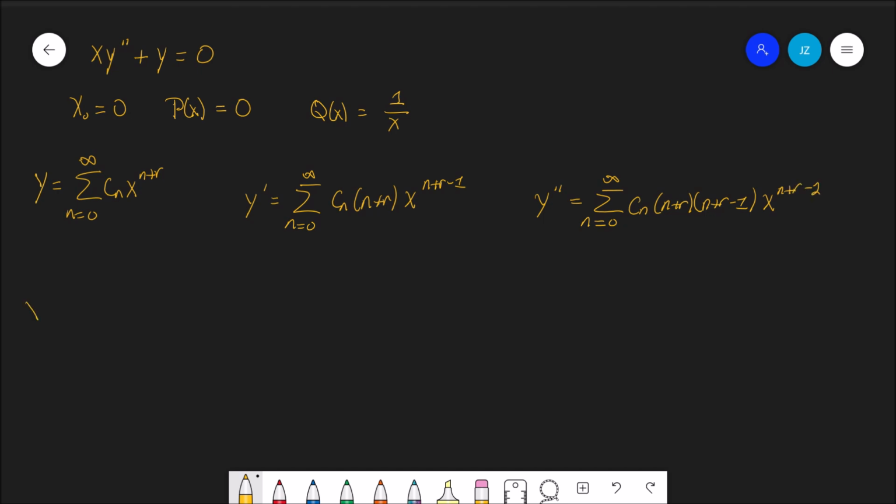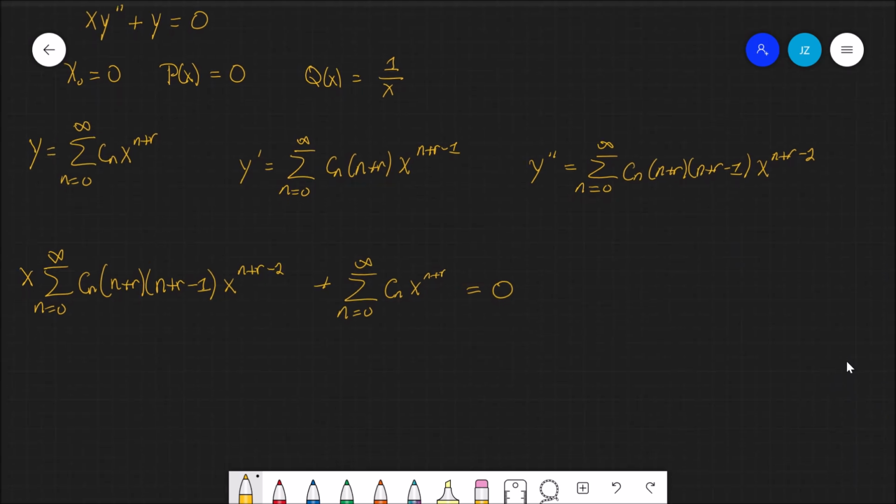So we'll get x times the sum n equals 0 to infinity of c_n (n plus r)(n plus r minus 1) x^(n plus r minus 2), plus the sum n equals 0 to infinity of c_n x^(n plus r), and that whole thing equals 0.